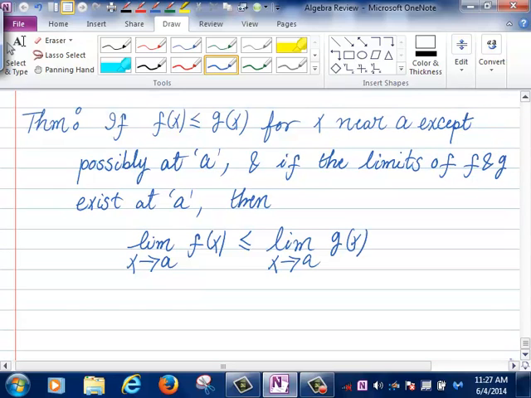If you think about the graph, because f is smaller than g near a, the graph of f would be below the graph of g, so obviously the limit of f would be smaller than the limit of g. Is that making sense? Okay. Are you done writing it down?